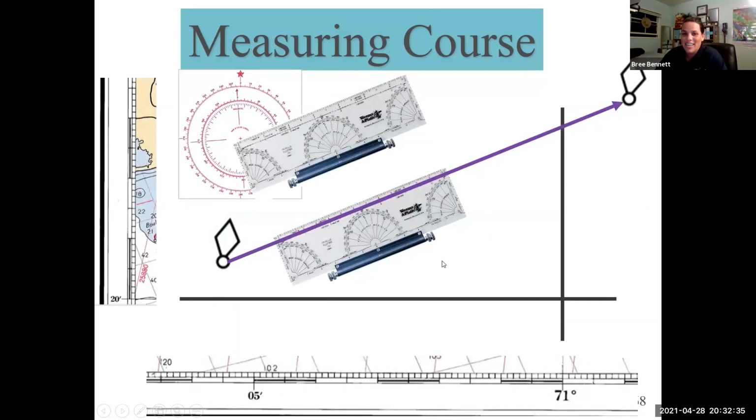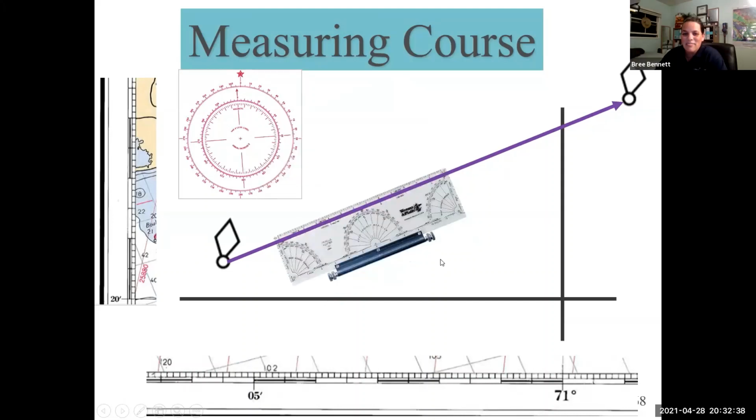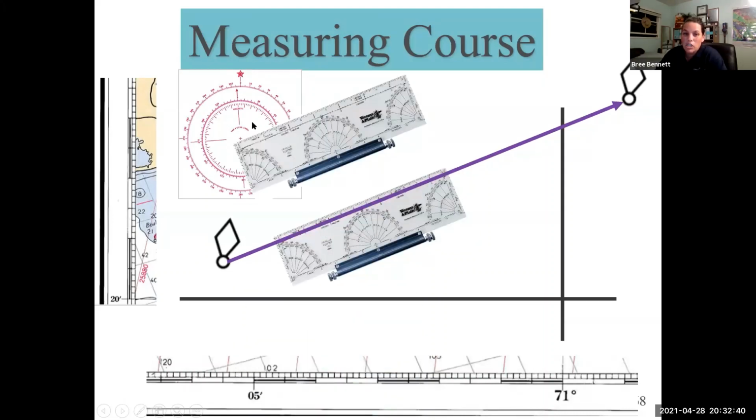Just like the little animations showed us, we're just going to parallel it up to the chart, and then we start it at the center of the compass rose, and you're measuring to the outer circle, and whatever number that is, that is our course direction. So you're going from the center, that little cross of your compass rose, to the outer circle. And that is going to be our true course.